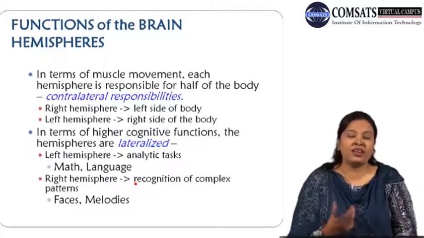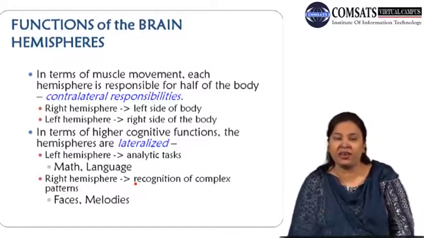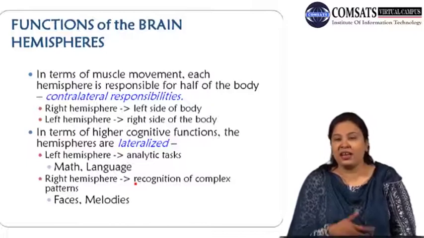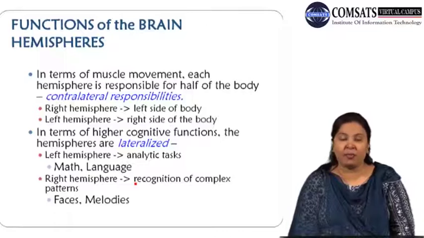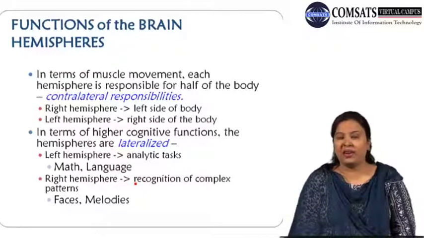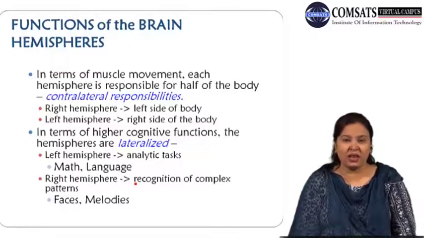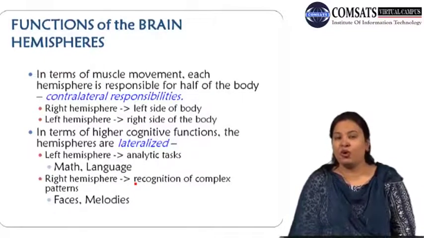Now further, what kind of cognitive activities have they taken on? For example, the left hemisphere is considered analytic, it performs analytic tasks. People who are good at mathematics and language learning are said to have a stronger left hemisphere because they can perform analytic tasks more easily.